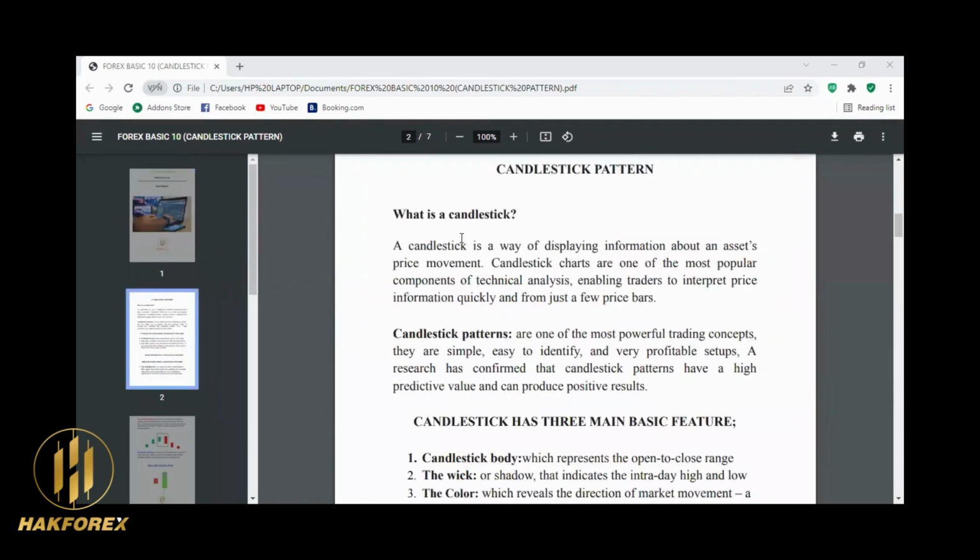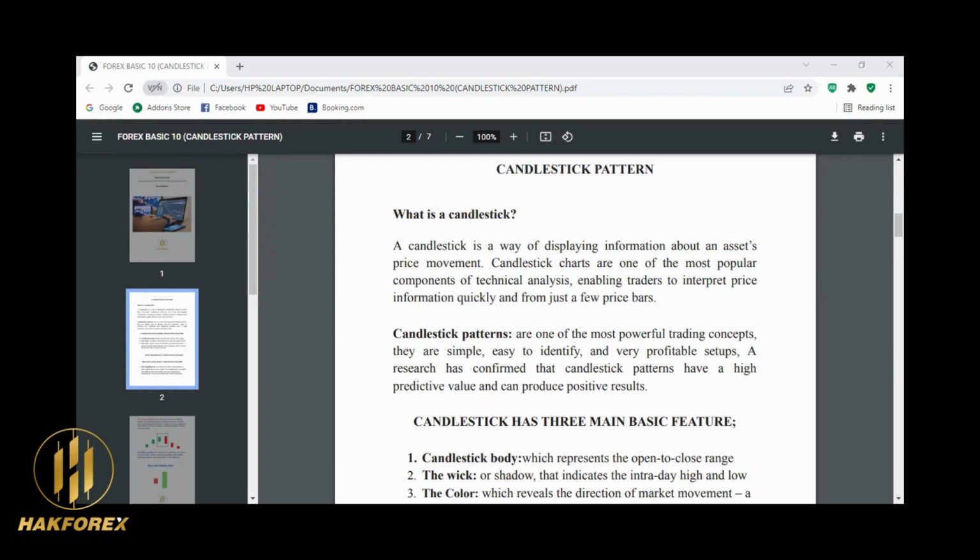So what is a candlestick, guys? A candlestick is a way of displaying information about an asset's price movement. Like what we discussed in our previous class, a candlestick always explains the price movement of the market. A candlestick chart is one of the most popular components of technical analysis, enabling traders to interpret price information quickly from just a few price bars.